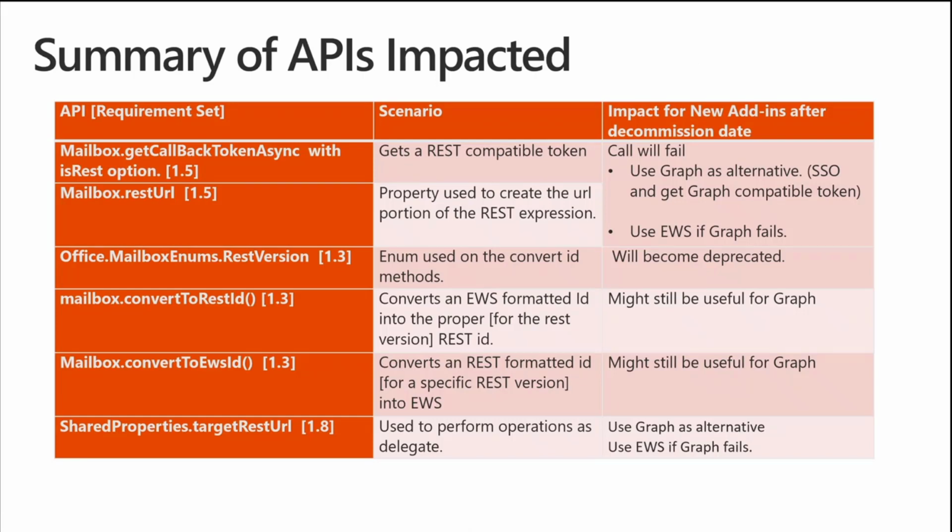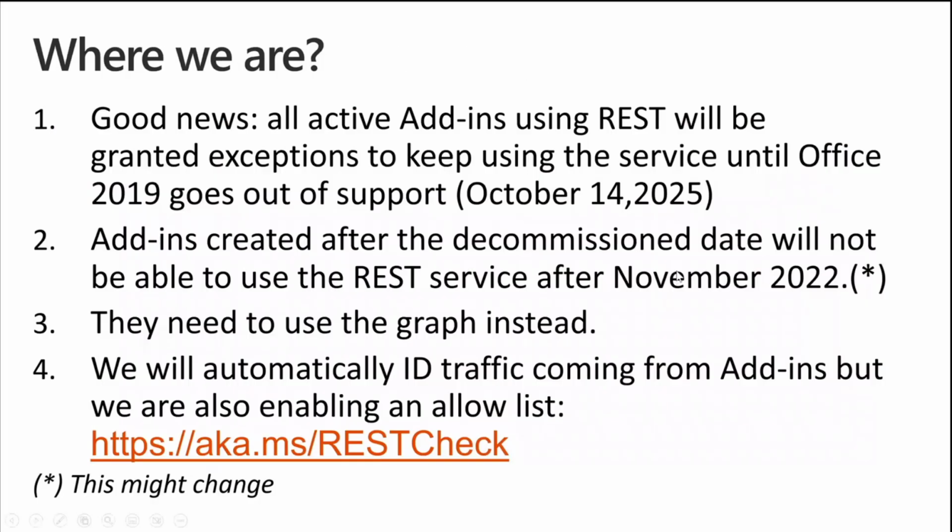Basically, this is the inventory of APIs impacted and what's going to happen at some point when this goes down. These are all the APIs that are related to REST operations. What I shared last time is that we were able to grant exceptions. The idea here is that we don't have a good replacement story for REST.